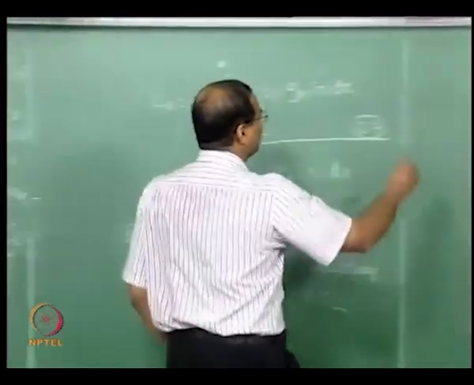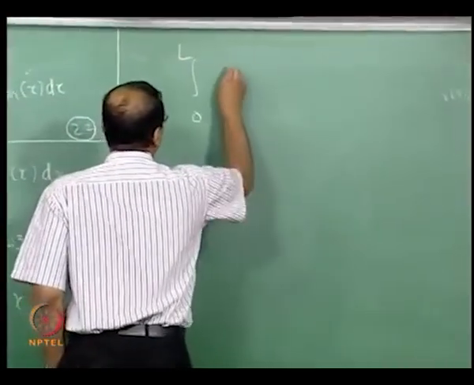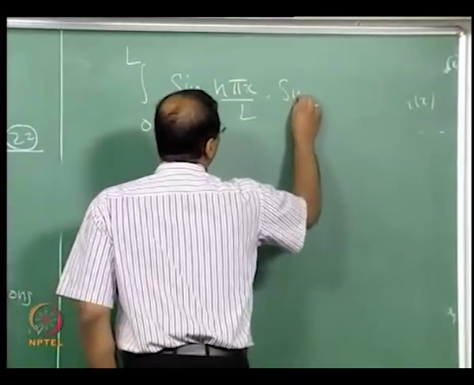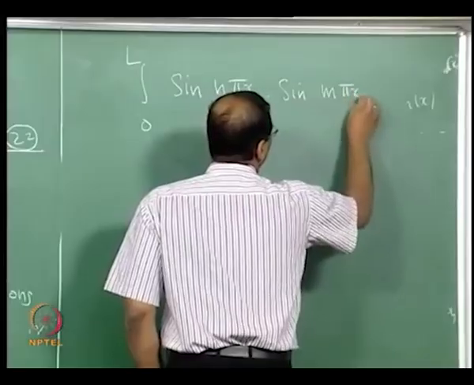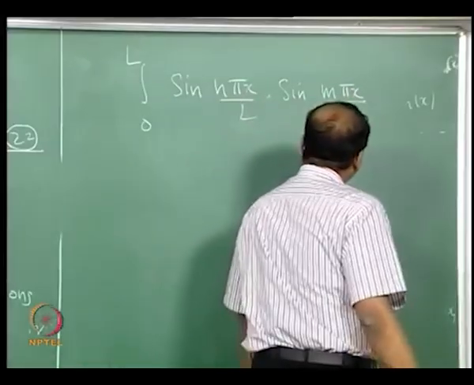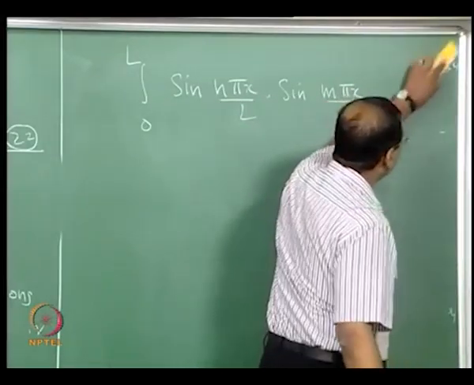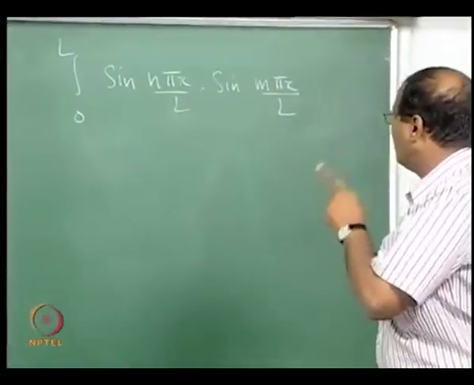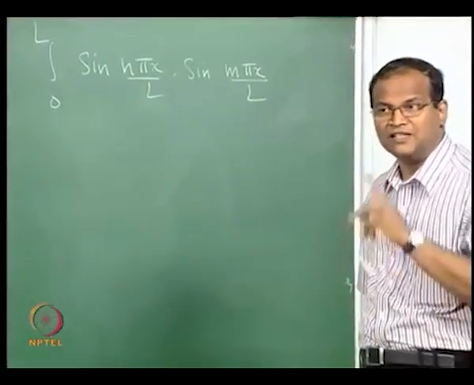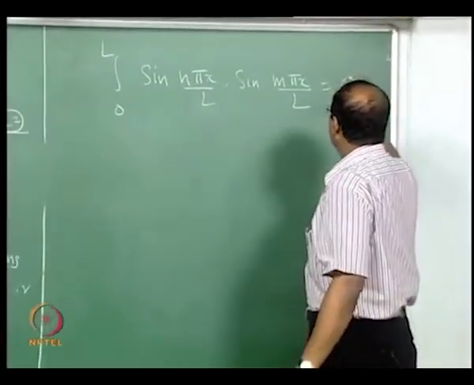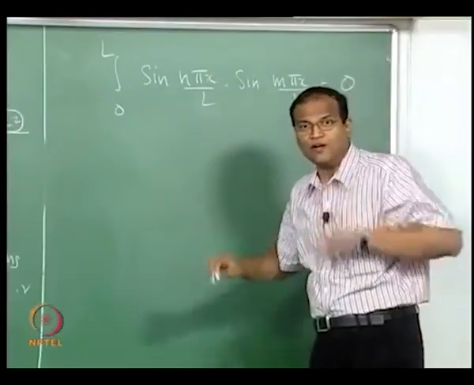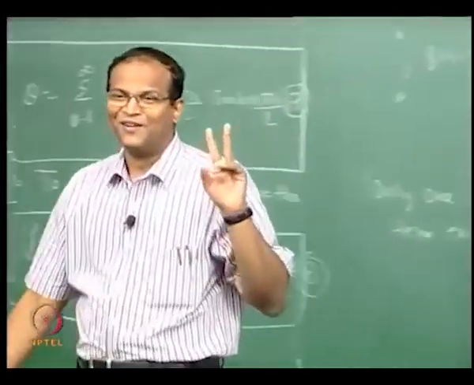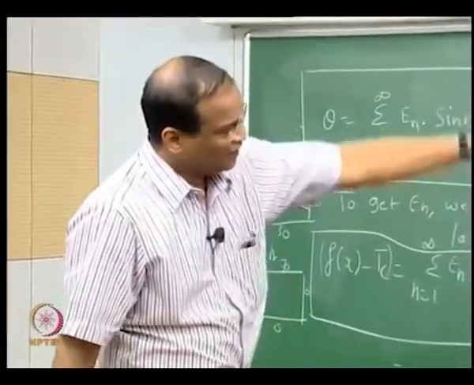Therefore I have to check in the interval 0 to L. It should satisfy two things: the integral of sin n pi x by L into sin m pi x by L from 0 to L must first be 0, and when m is equal to n it should be non-zero. If that is also 0, game close, nothing. Therefore there are two things which it has to satisfy. Now can we do this?